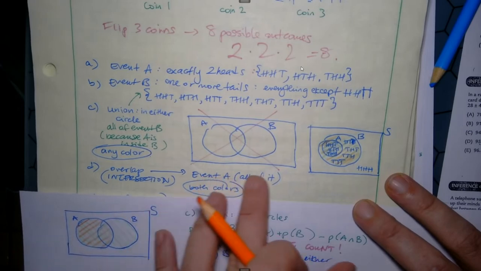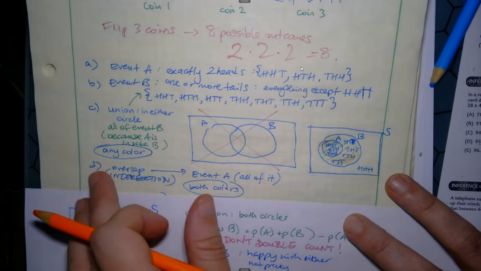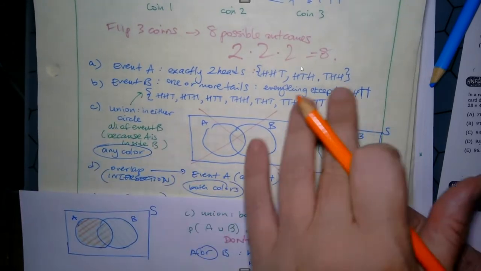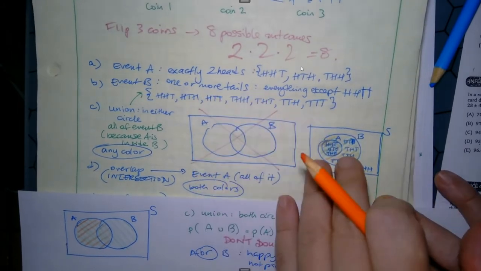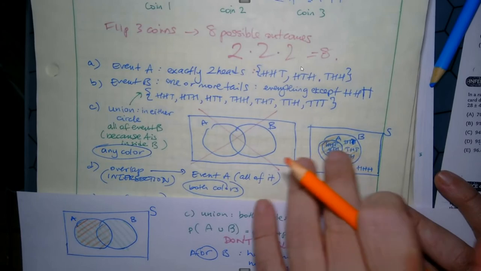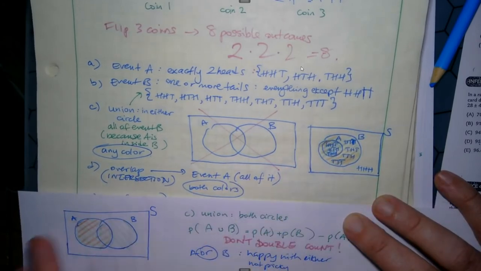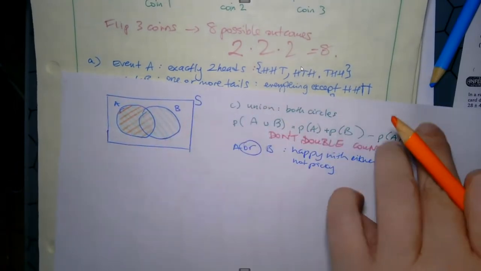The answer to C, sorry guys, was all of event B is the union because A is inside of B. So if you want anything in either circle, you just take circle B. For D, what's the overlap? On a normal Venn diagram, the overlap would be this middle part, the thing that you actually subtract.